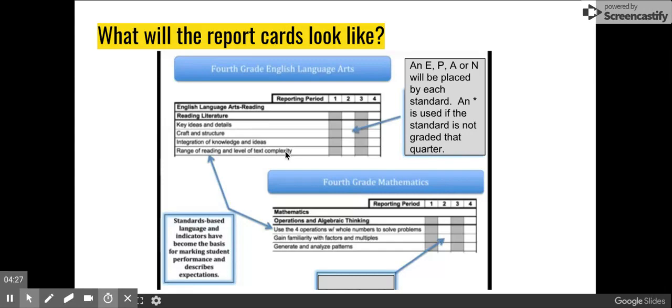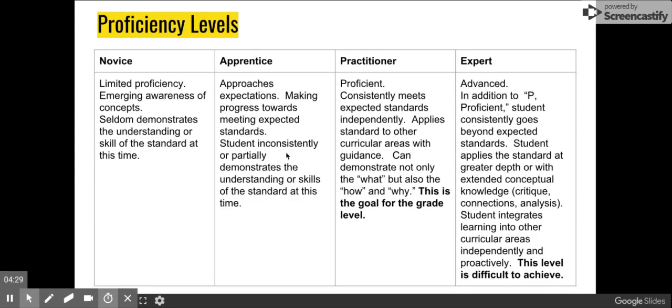And what do these letters mean? Well, here it is. This is a 4-level scoring rubric that will guide teachers as they complete their report cards. The language on this rubric helps communicate where your child is in his or her learning progression on that particular standard. Notice that the grade P for practitioner is the goal of the grade.